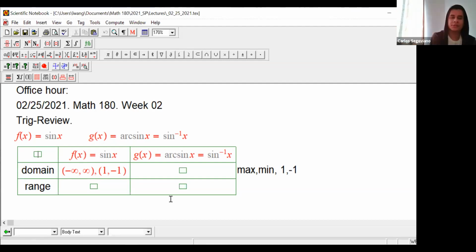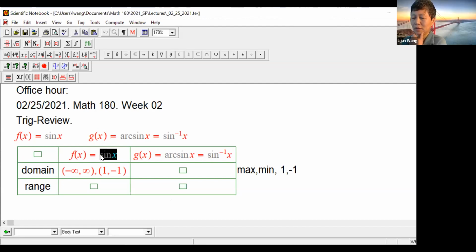What's the domain for sine, and what's the range for sine? And what's the domain for arc sine, and what's the range for arc sine? For sine, x is all real numbers for the domain. The range for sine is what?